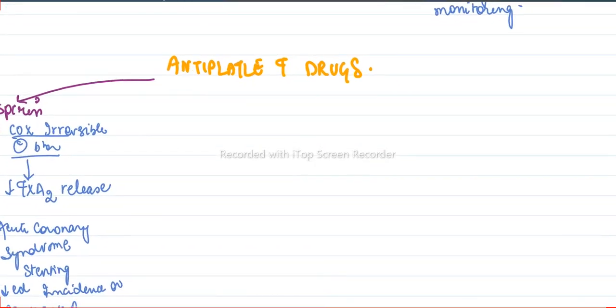Okay, so next class of drugs includes ADP receptor blockers.